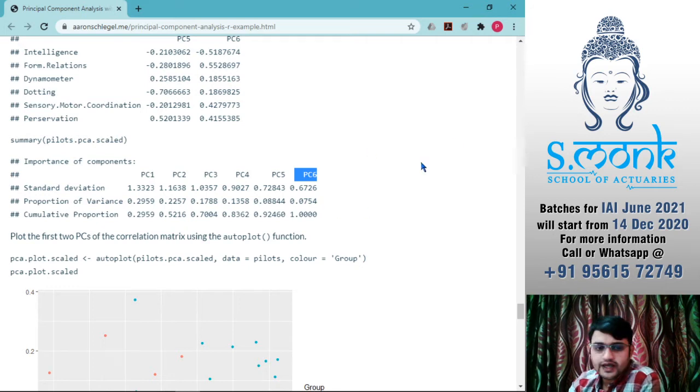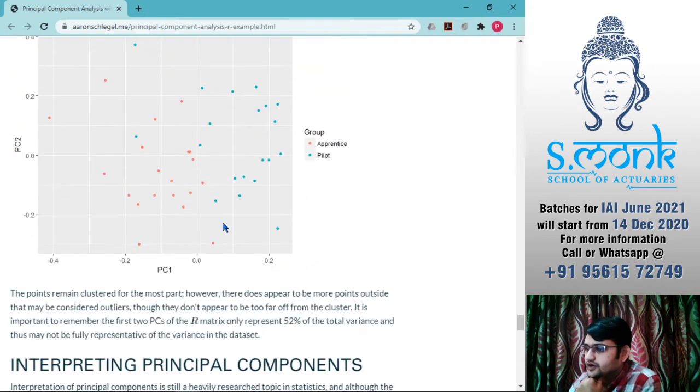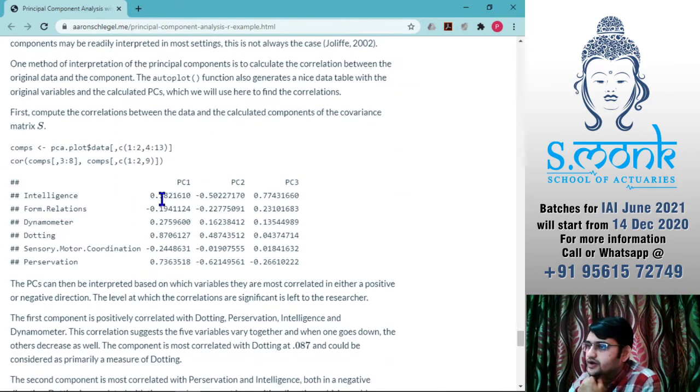We do not want any more components. So basically the cumulative proportion of variance is what we can talk about. Or you can talk about how the first component relates to which variable, the second component relates to which variable, the third component relates to which variable, and so on.